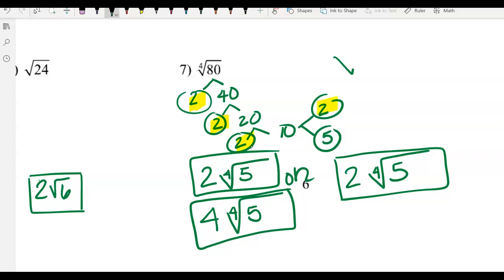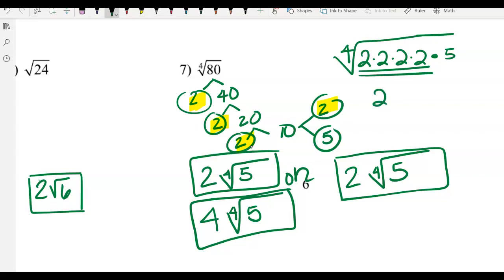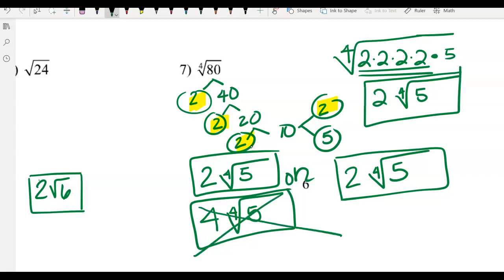So students, if we have an index of 4 and we have 4 2's, okay, we can take it out of the radical house. So final answer 2, 4th root of 5.